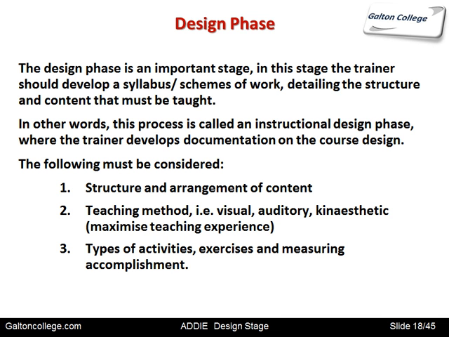So for example, it could be group tasks or problem-solving tasks, or it could be question and answers relating to a particular process to assess whether the attendees understand the process and understand the importance of the process and the background to the processes and so on. So there are different types of activities and exercises that may be built in to the whole program.